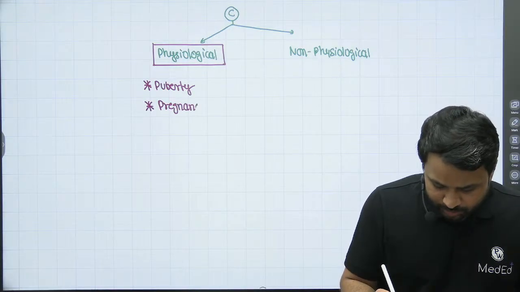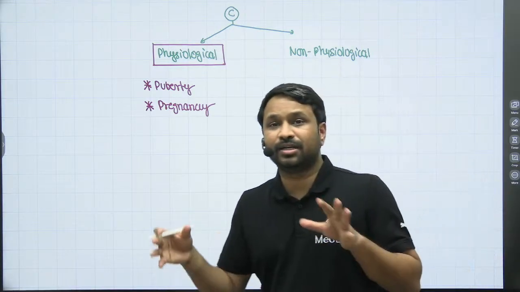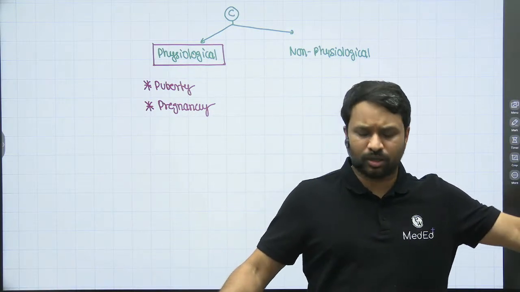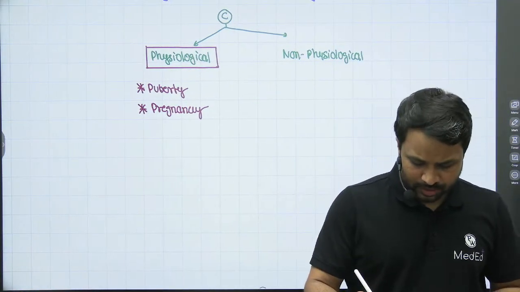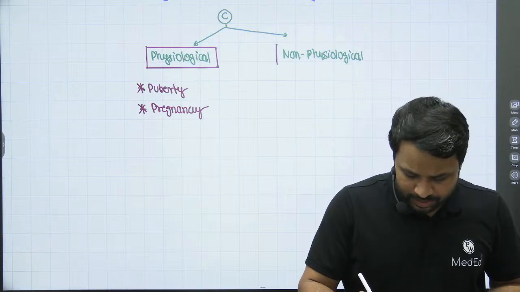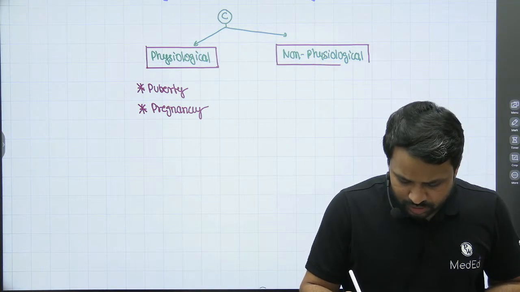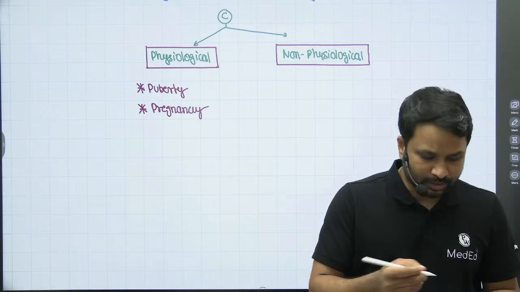So during puberty and pregnancy, it might get enlarged. This is a physiological enlargement. It will revert back to normal once puberty subsides and the pregnancy is done. We are more interested to understand the non-physiological causes of the goiter.